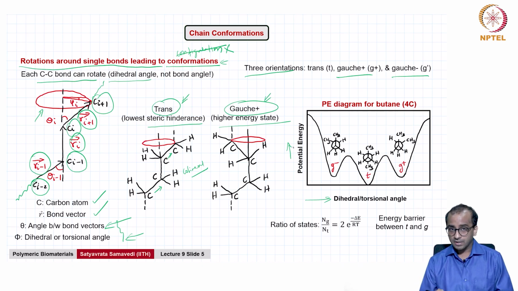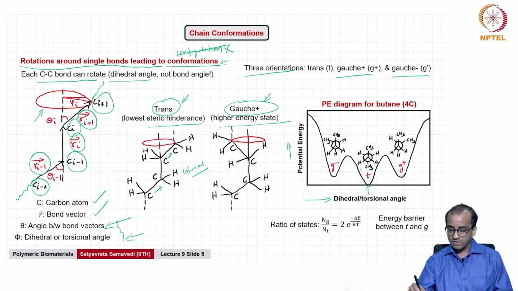So, the higher up the state is, the less energetically favorable it is, and you notice that the trans state represents the global minimum.